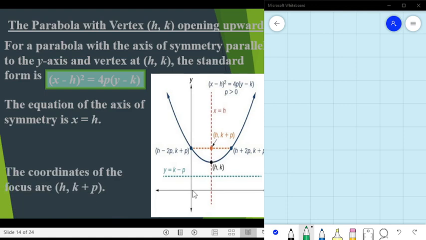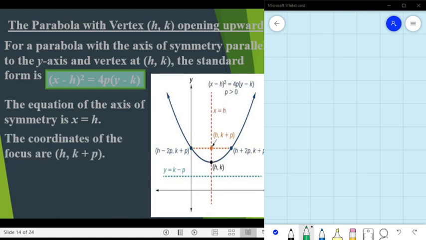And then the coordinates of the focus is same siya og abscissa sa imong vertex, but the ordinate is pun-an nimo P kay di ba ang imong focus is above the vertex man, so with P units, so ang k sa imong vertex plus na nimo og P units.